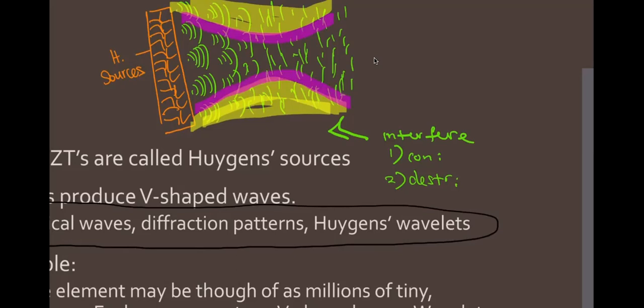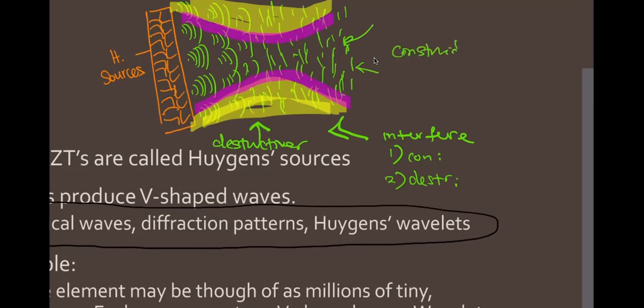An easy way to remember this is that the wavelets on the outside, on the edges, are going to destructively interfere. The wavelets here in the middle are going to constructively interfere.